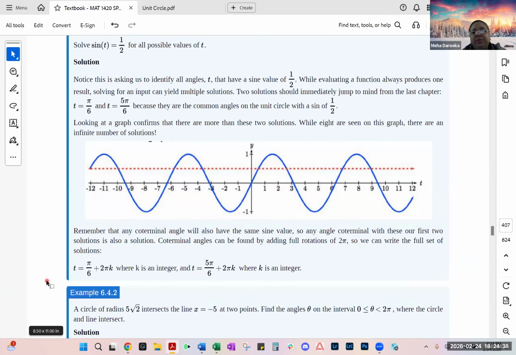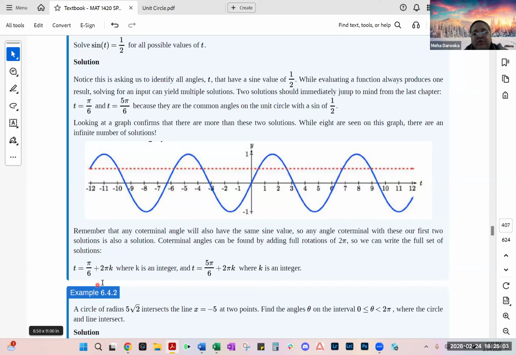But since we know the two values from the 0 to 2 pi section of the domain are pi over 6 and 5 pi over 6, we can actually use that and then use the idea of coterminal angles, where adding that full rotation of 2 pi will give us either a positive or a negative coterminal angle.